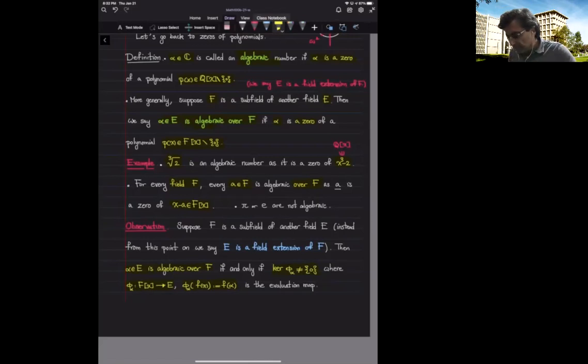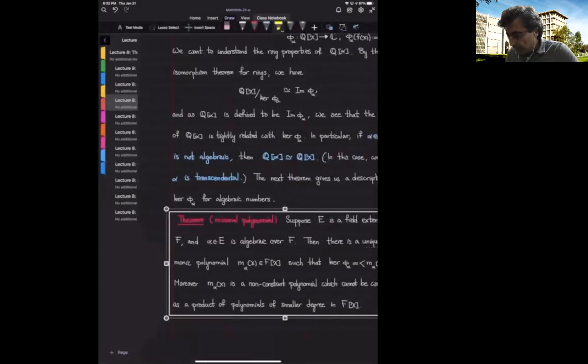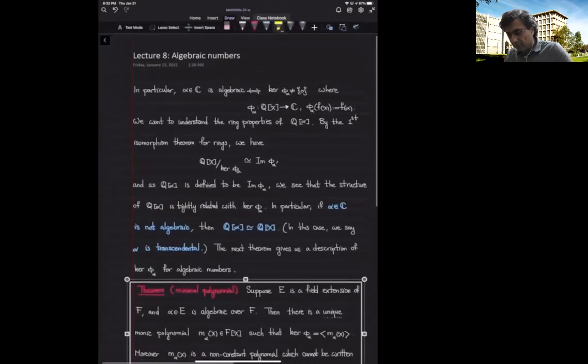This means what? This means we want to understand the ring structure of F square bracket alpha, or in the case of rational numbers, Q square bracket alpha. This is what we want to do. This is a good part of this course.